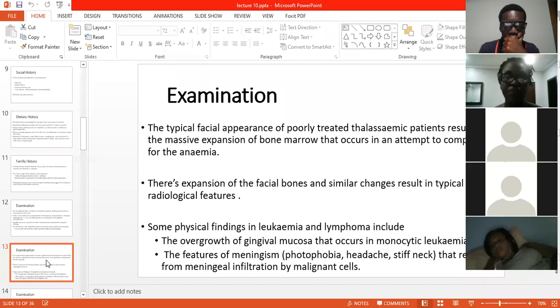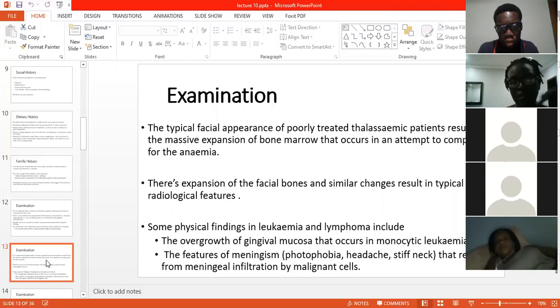Now there are some features too that you see on the patient. So, for example, patients with thalassemia, we see that their head is square shaped, especially the children, because there's massive expansion of the bone marrow for production of red blood cells. And so they have a typical shape of head.